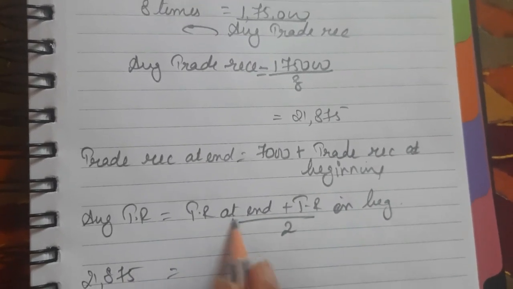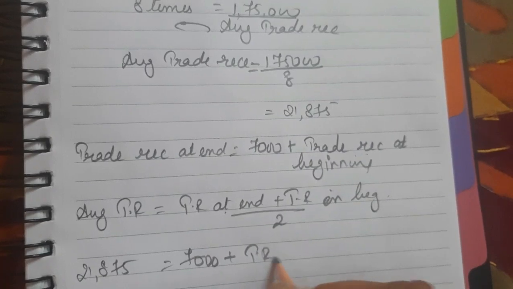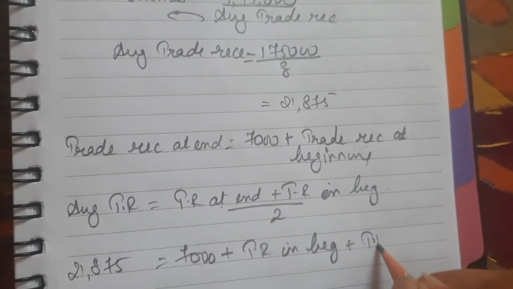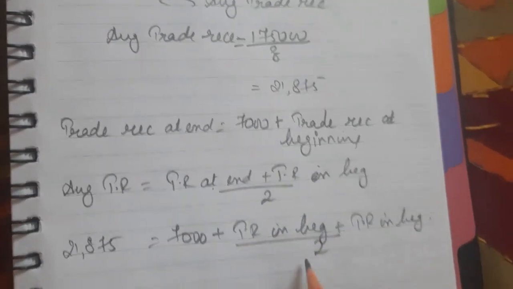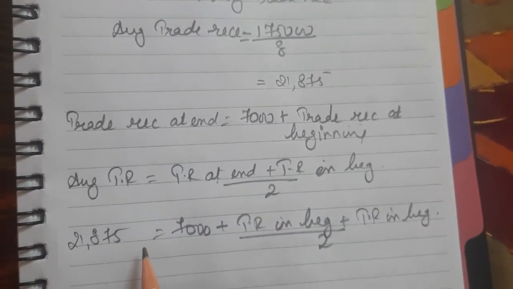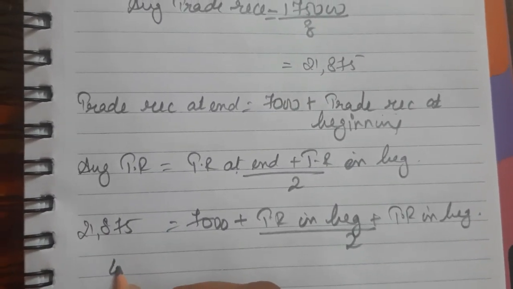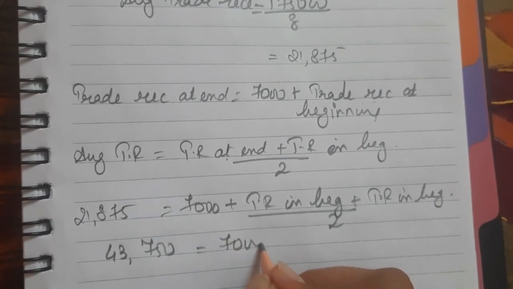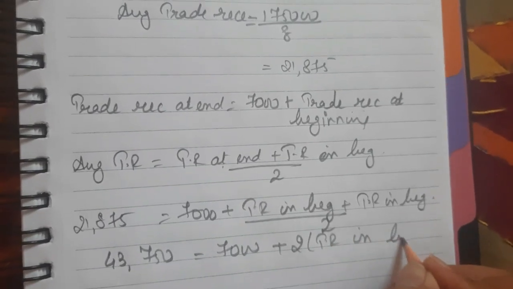Here instead of trade receivable at end, you can write 7,000 plus trade receivable in beginning, plus trade receivable in beginning, divided by 2. So this 2 will get multiplied. Okay, so 21,875 into 2 will give you 43,750 is equal to 7,000 plus 2 times trade receivables in the beginning.